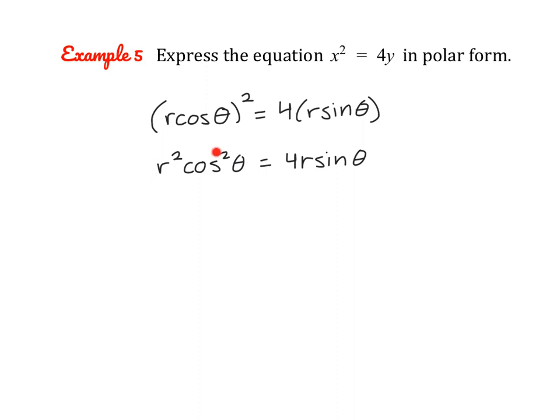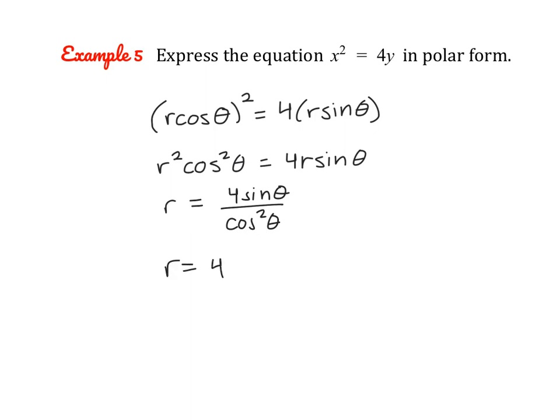So you'll notice we have r squared and r, so I can actually divide both sides by r. And then since I'm trying to isolate r, we can also divide both sides by cosine squared. So r equals 4 times the sine of theta over cosine squared of theta. And then we could just simplify this a little bit.